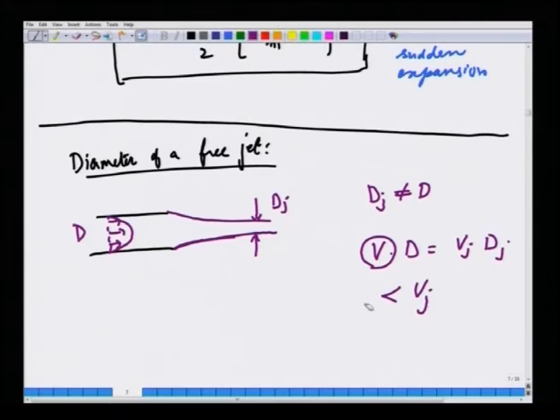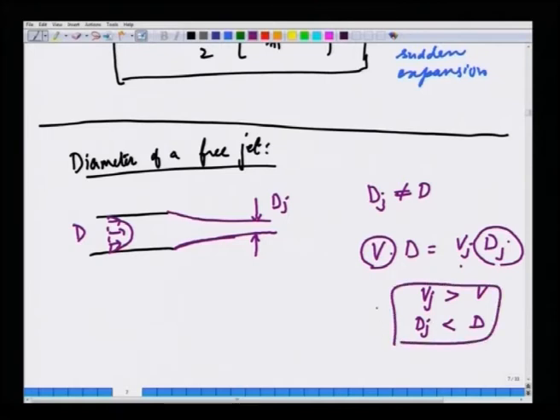So, the diameter is in general different downstream because there are no resisting shear forces here. V jet will be greater than V, therefore d jet will be smaller than d, to satisfy this mass conservation condition.